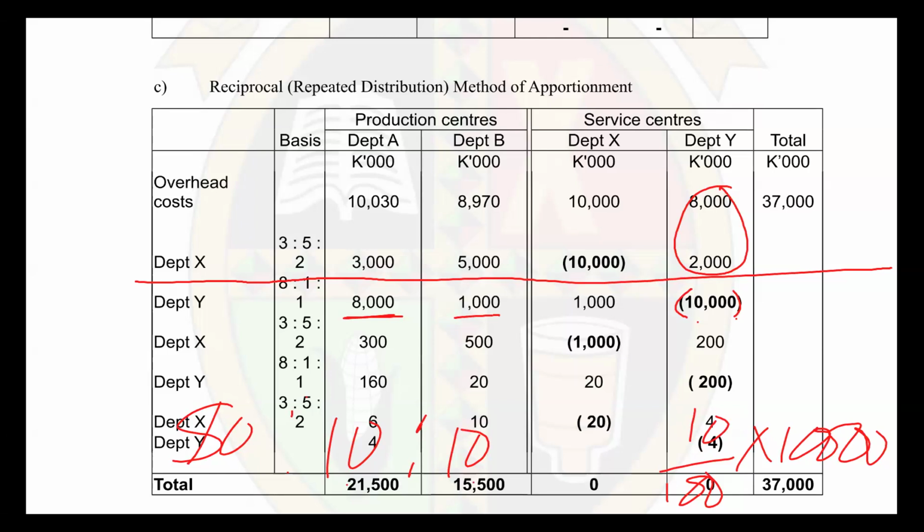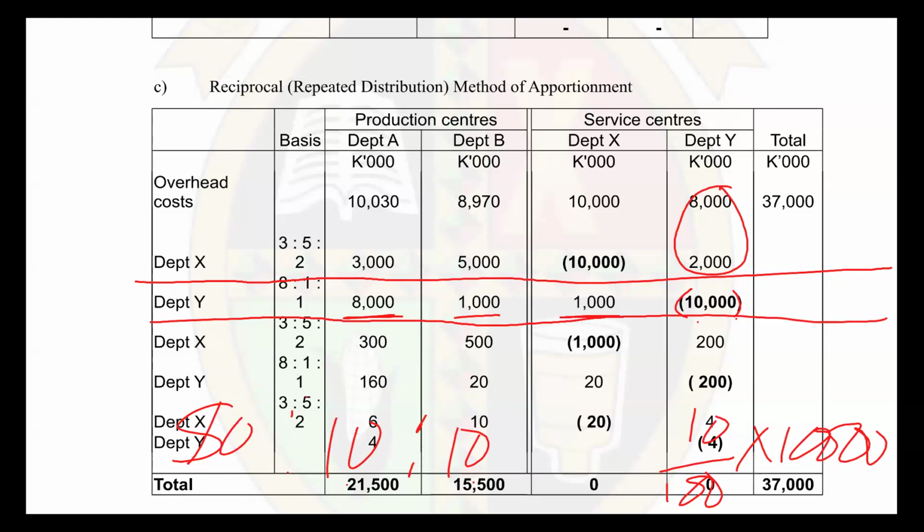So you do another 10% to this. We have 1,000 going to X. Have you seen that at first, Department X had already distributed everything it had, no cost, but again, it has received some cost from Y.